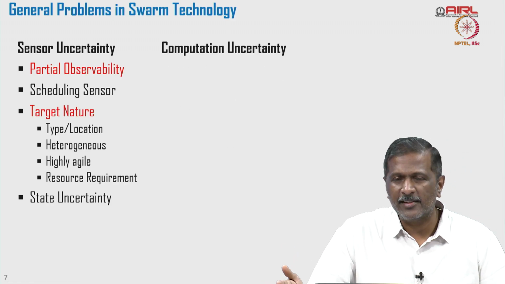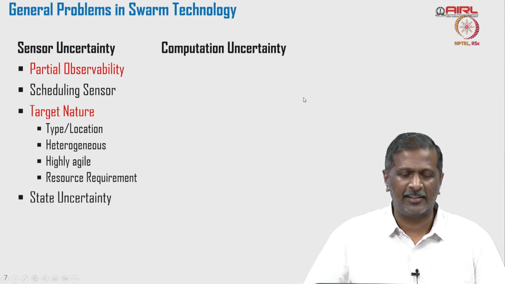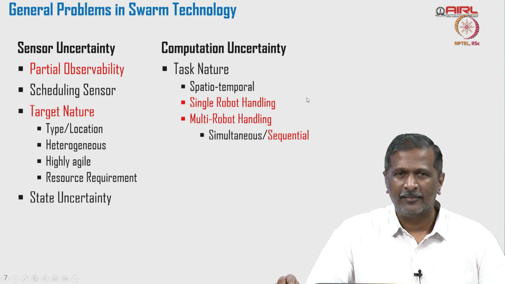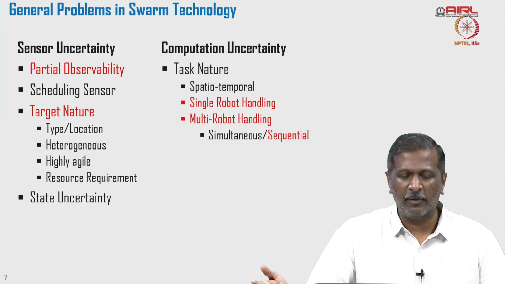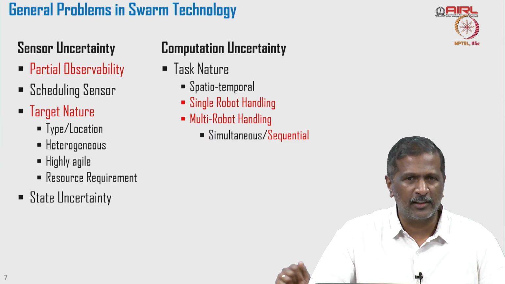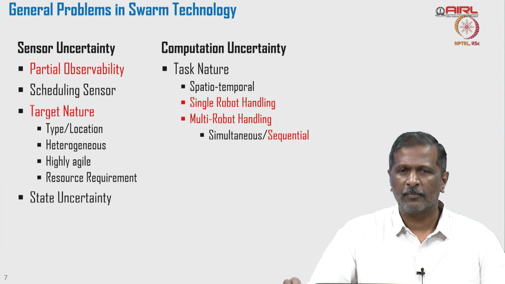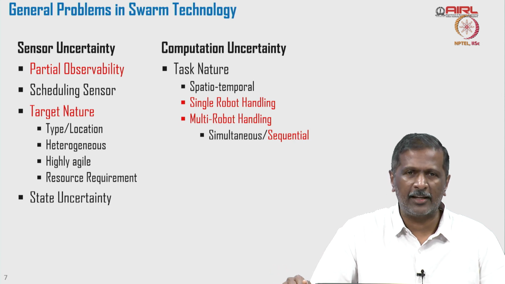Now moving from sensor, the second important aspect is going to be computational uncertainty. You could have a problem which is spatial and temporal. Some task could be handled by a single robot, some task could be handled by multiple robots. It could be that you may have to act simultaneously.